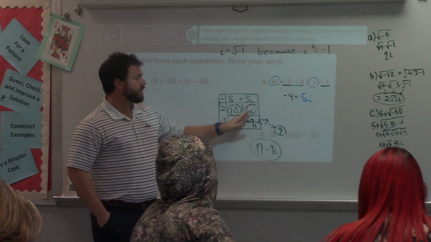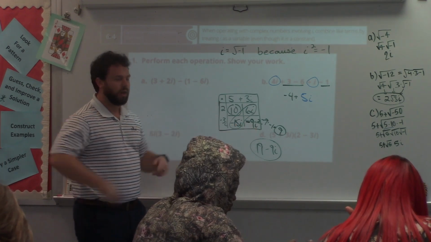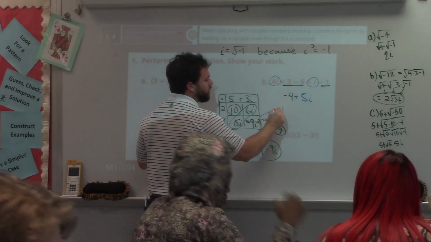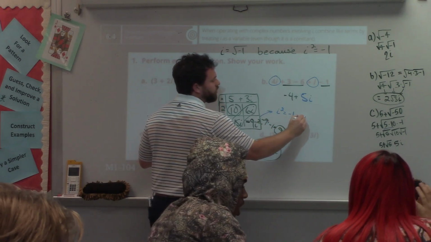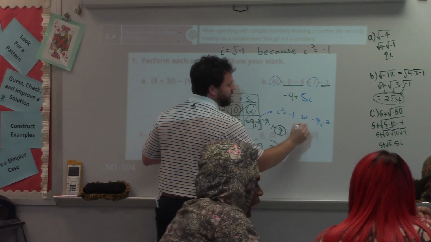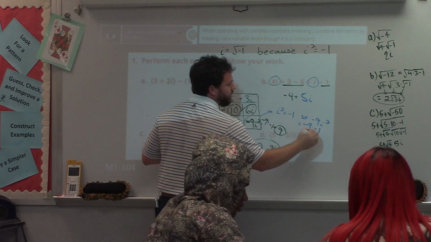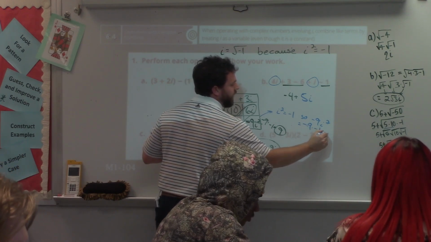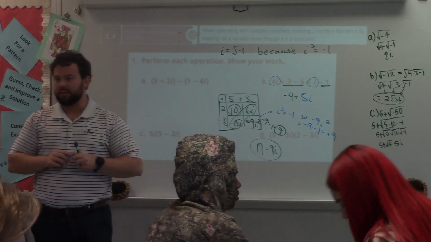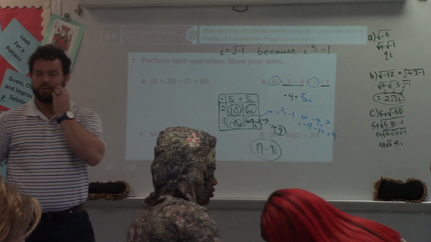No. i is fine, but make sure you rewrite i squared, remembering that i squared is equal to negative 1. So, negative 9i squared, that's negative 9 times negative 1, which is a positive 9. So, to multiply them, just use that area model to help you distribute.